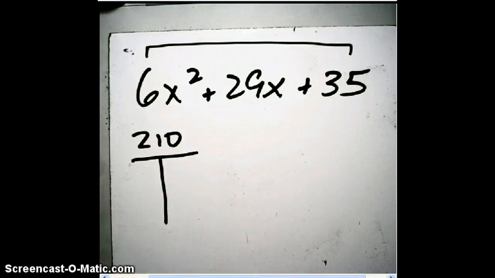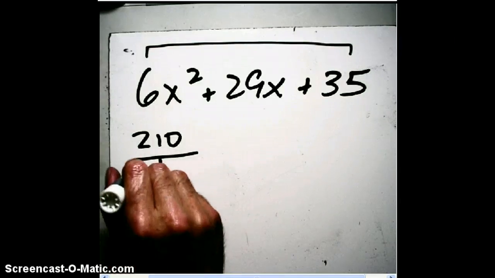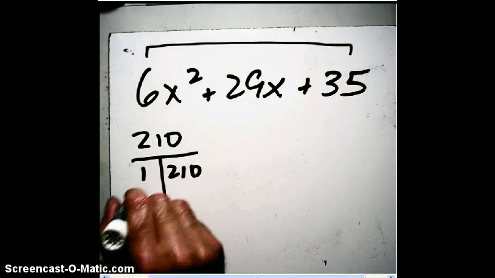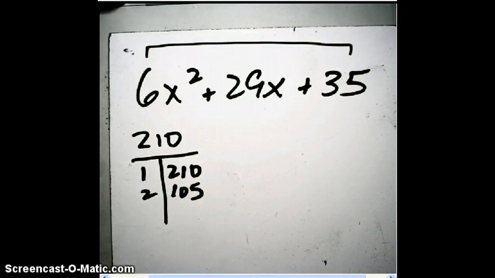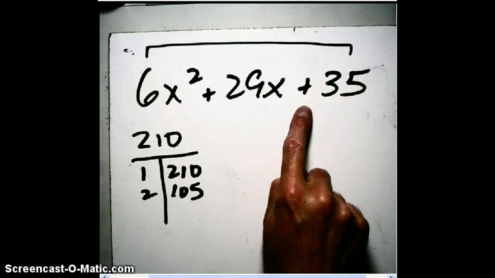210. Can you give me two numbers that multiply to 210? Well, 1 and 210. That doesn't help me. 2 and 105. Now what do I mean by that? If you remember the previous video, we're going to have to add these numbers to get that middle number, because that's a plus and that's a plus.